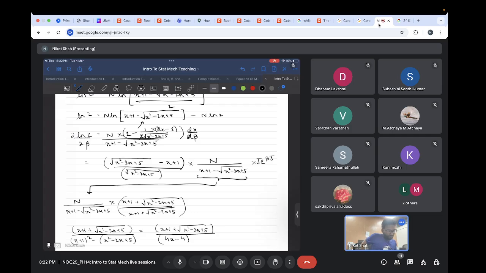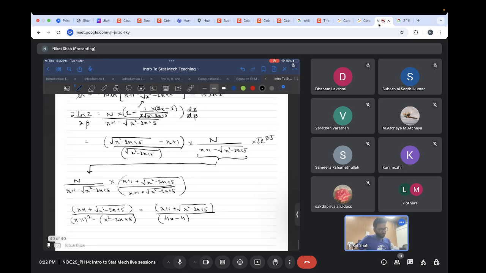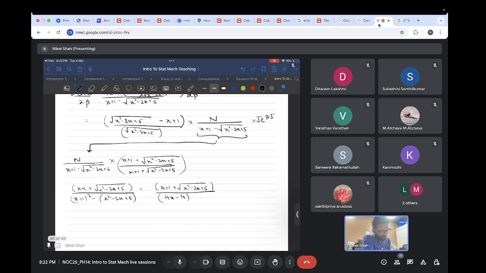So 4x minus 4 is what remains here. The final term that remains is 1 plus square root of x square minus 2x plus 5 minus x into 1 plus square root of x square minus 2x plus 5 plus x, divided by 4x minus 4 into square root of x square minus 2x plus 5.